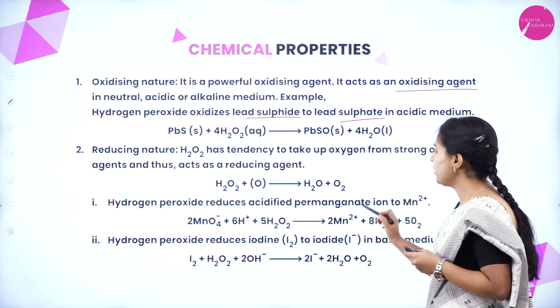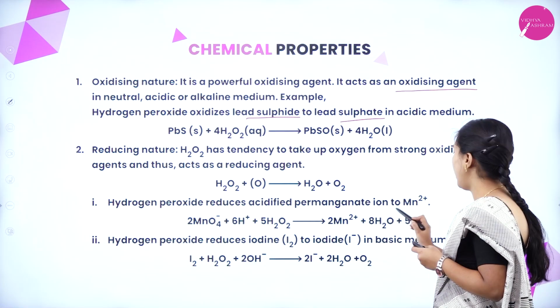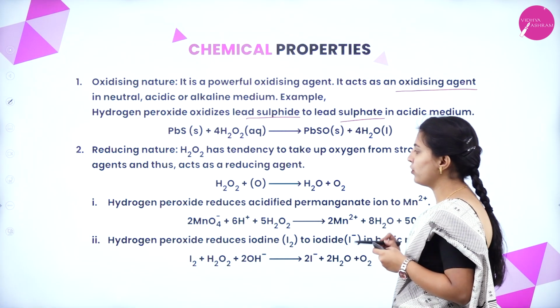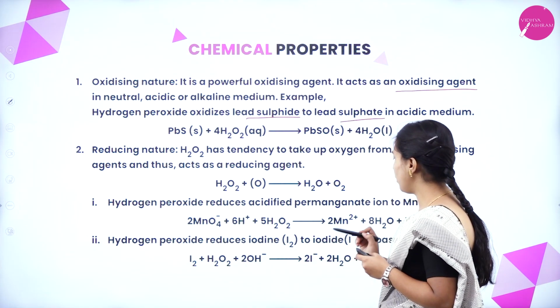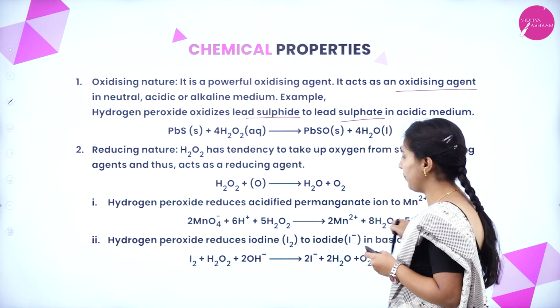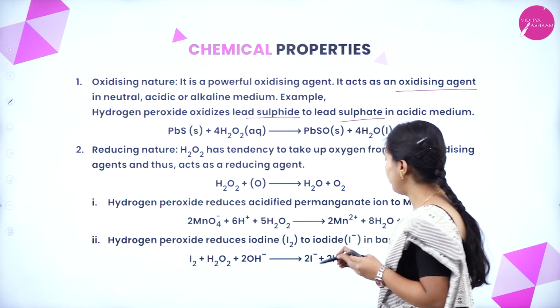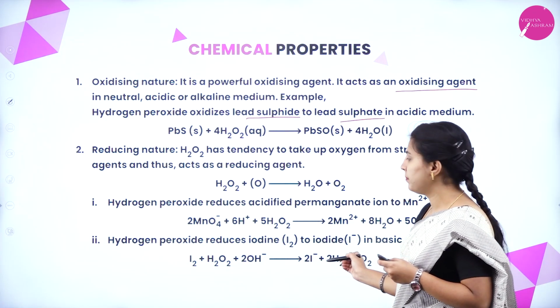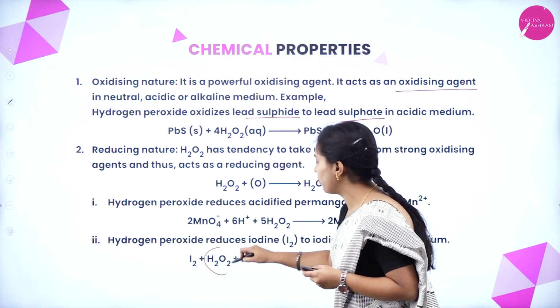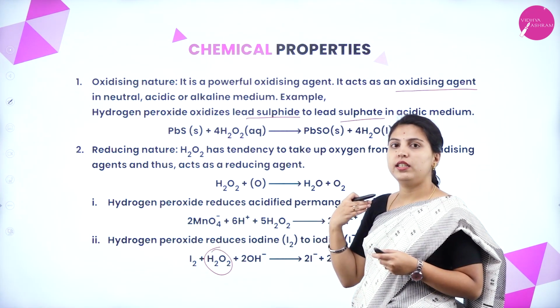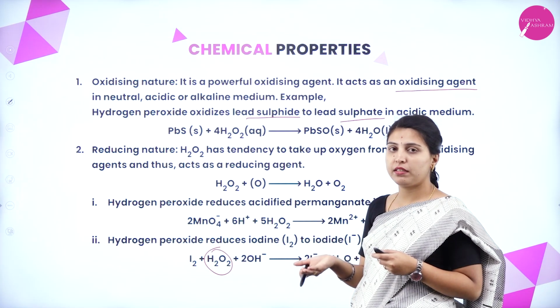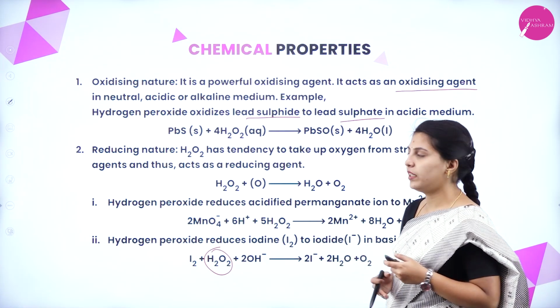It forms manganese and water plus 5 molecules of oxygen. Hydrogen peroxide reduces iodine to iodide in basic medium. Iodine to iodide, in the presence of hydrogen peroxide. It will act in neutral medium, in basic medium, and also in acidic medium.